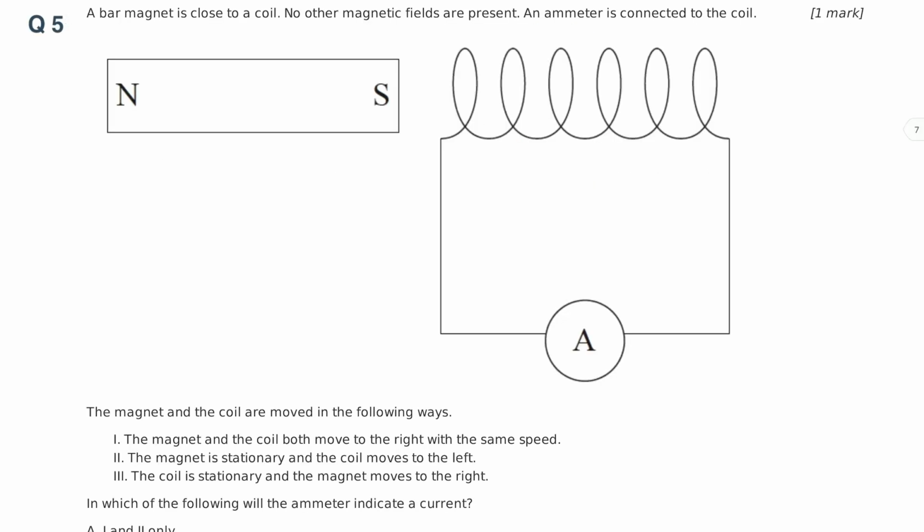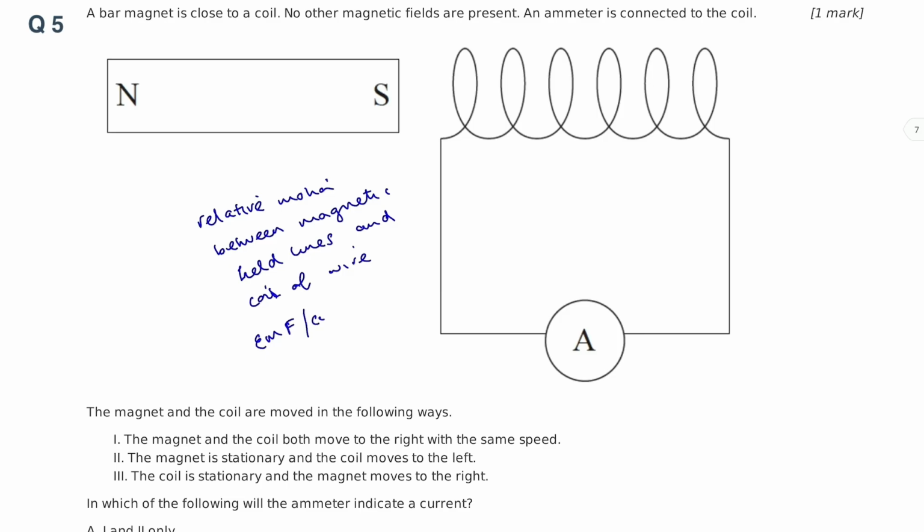A bar magnet is close to a coil, no other magnetic fields are present, an ammeter is connected to the coil. We know that when there's relative motion between magnetic field lines and a coil of wire, then EMF and current are induced.